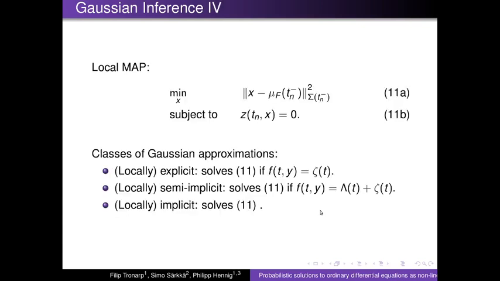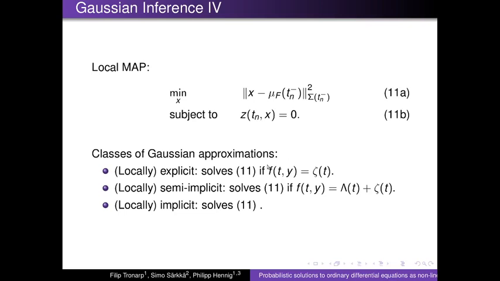And so all the approximate schemes we're going to talk about can be classified by examining the local MAP problem. So here we just have the prediction density essentially under the Gaussian assumption, and we want to minimize this subject to the information operator evaluating to 0.